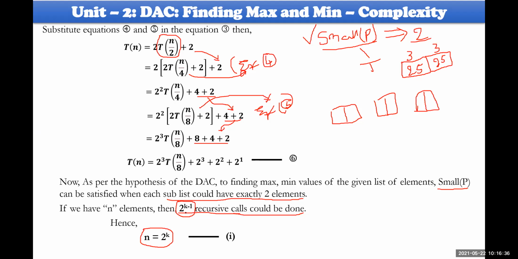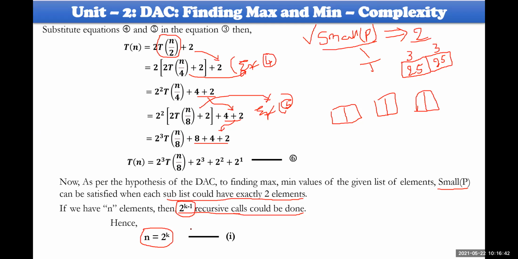Now you have to take this equation and substitute it in equation 6. Before substituting, here it is 2 power 3, and here also 2 power 3, and of course you have to take this expression aside.